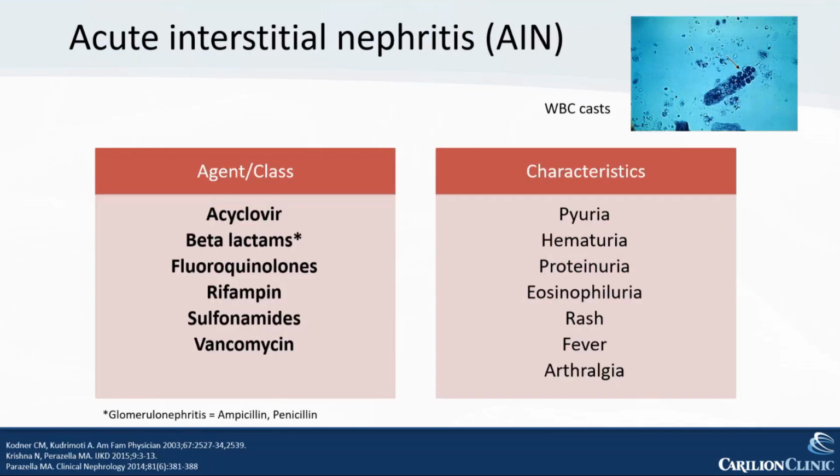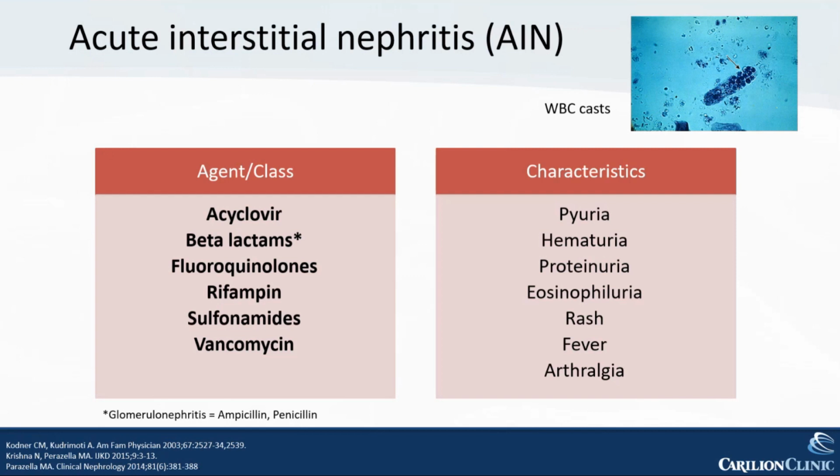For acute interstitial nephritis, I'd say our most common agents here are going to be beta-lactams, and often this is more ampicillin, penicillin, as well as our methicillin-resistant penicillins like nafcillin or oxacillin can all cause interstitial nephritis. Fluoroquinolones have association as well as sulfonamides. Vancomycin has association with both ATN as well as AIN, though I would say most commonly ATN is what we're going to experience with vancomycin, and usually after someone has gotten some significantly high troughs.